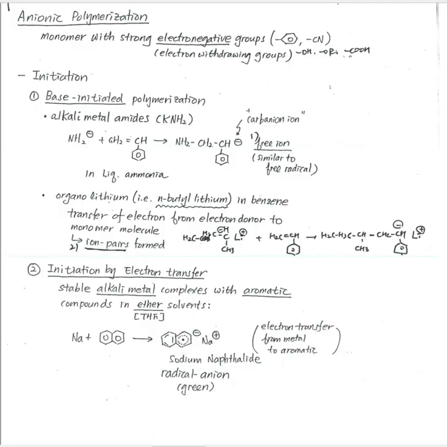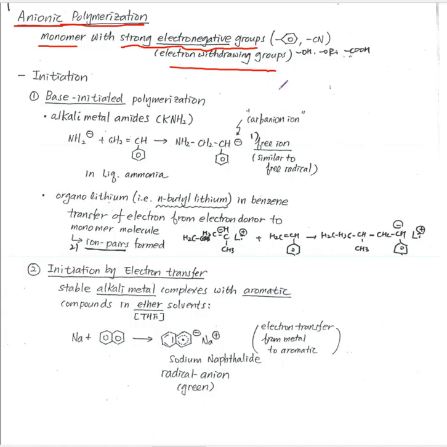At first, as we already learned in the previous lecture, in anionic polymerization the side group of the monomer should have a strong electron-negative group, an electron withdrawing group, right? With this electron withdrawing group, they can stabilize the minus charge inside these anions.